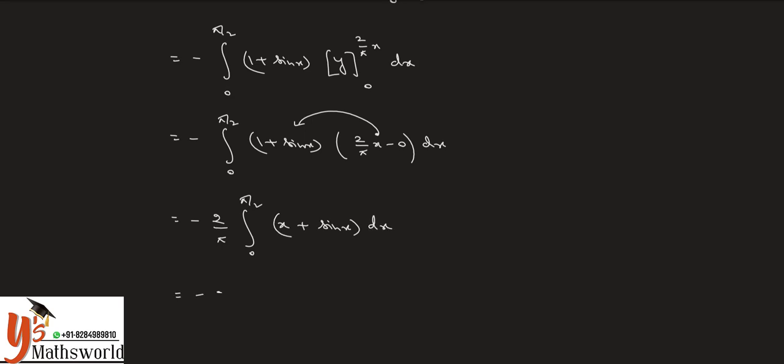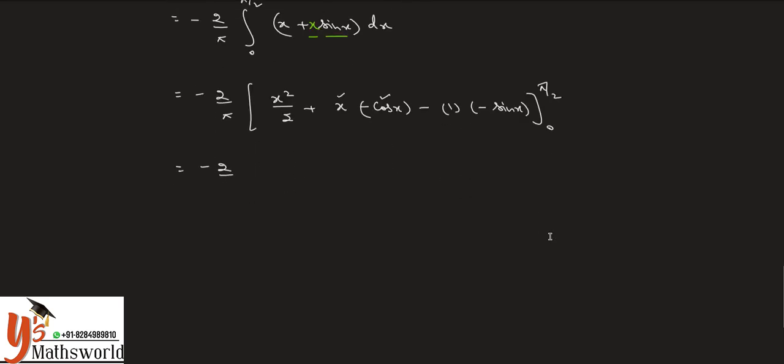Now I have to integrate with respect to x. Now the integral of x will be x square by 2 plus, now here we have 1 into x, so this is your u and this is your v. So first function as it is, integral of second, so minus x cos of x, minus derivative of x, which will be 1, and integration of this one will be minus of sine of x, within the limit 0 to pi by 2.